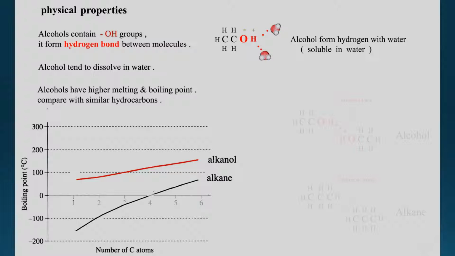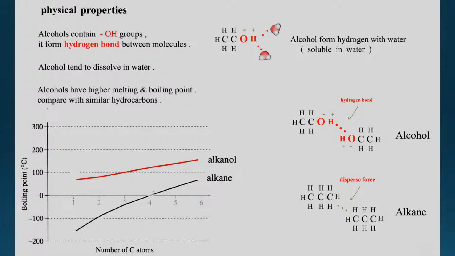Now let's compare the melting and boiling points. You will find that all the alcohols have a much higher boiling point than the alkanes. Alkane has a very low boiling point, and alcohol has a very high boiling point. Why? Let's look at the structure. Alkanes form weak dispersion force between molecules, so at low temperature they can break this bond and become gas.